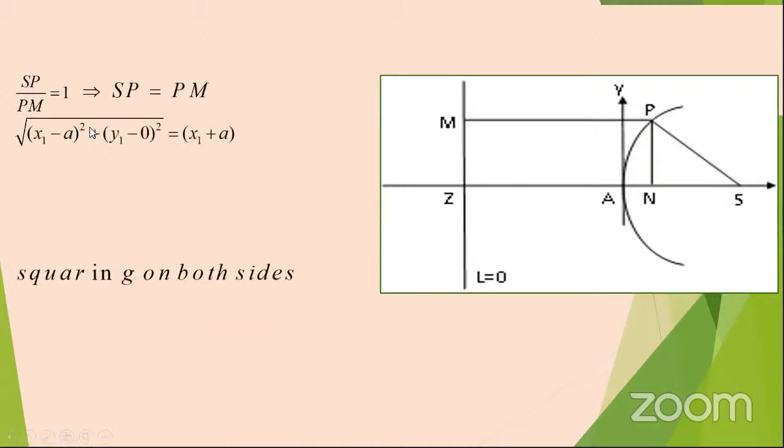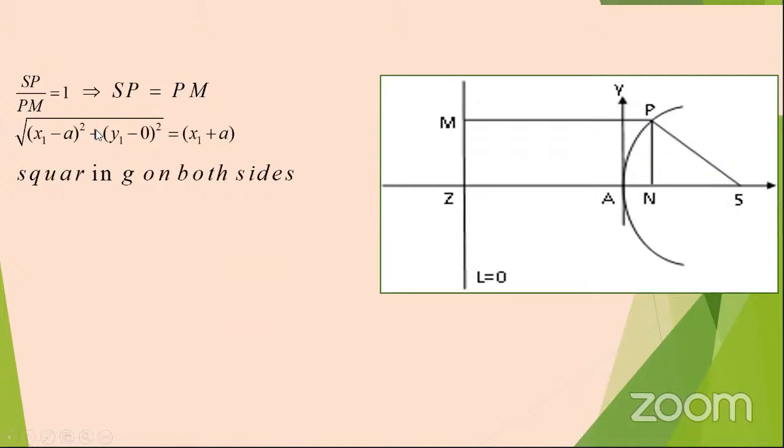Squaring on both sides, under root of (x minus a) whole square plus (y minus 0) whole square is equal to modulus of x plus a, children. When we square on both sides, (x1 minus a) whole square plus (y1 minus 0) whole square is equal to (x1 plus a) whole square.